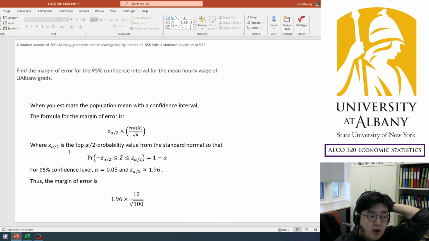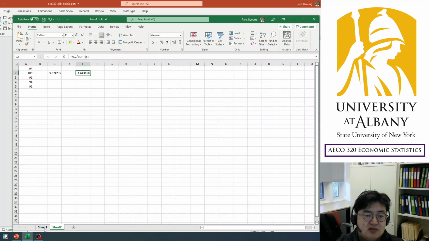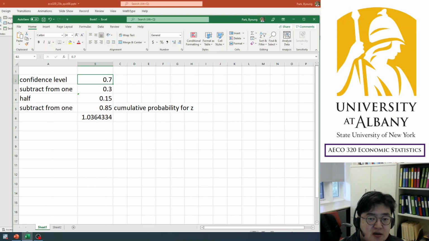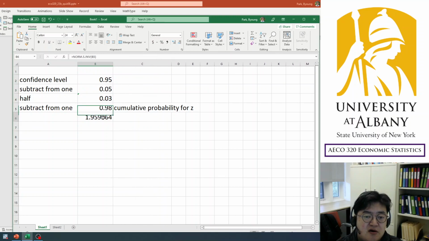So we use z alpha over 2 because plus minus lowercase z alpha over 2 contains 1 minus alpha, which is the confidence level. So going back to Excel using the worksheet we made in an earlier question, I'm going to put, say, 95%. Then you are going to get another number.